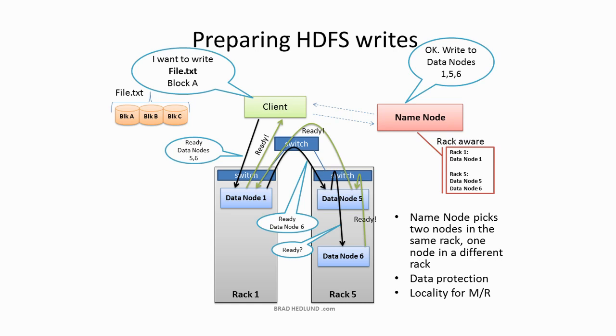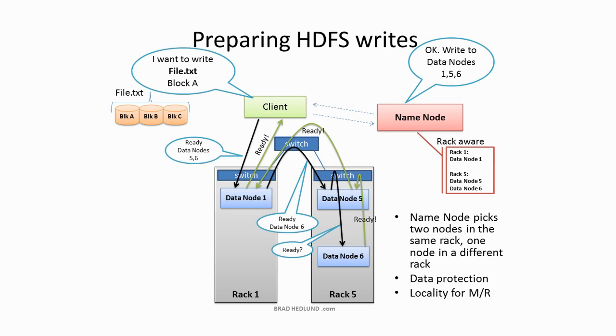Okay, so that's how you ensure that the nodes that were named by the name node are actually alive and ready to be written to. And this ensures, of course, as I said, locality of data.